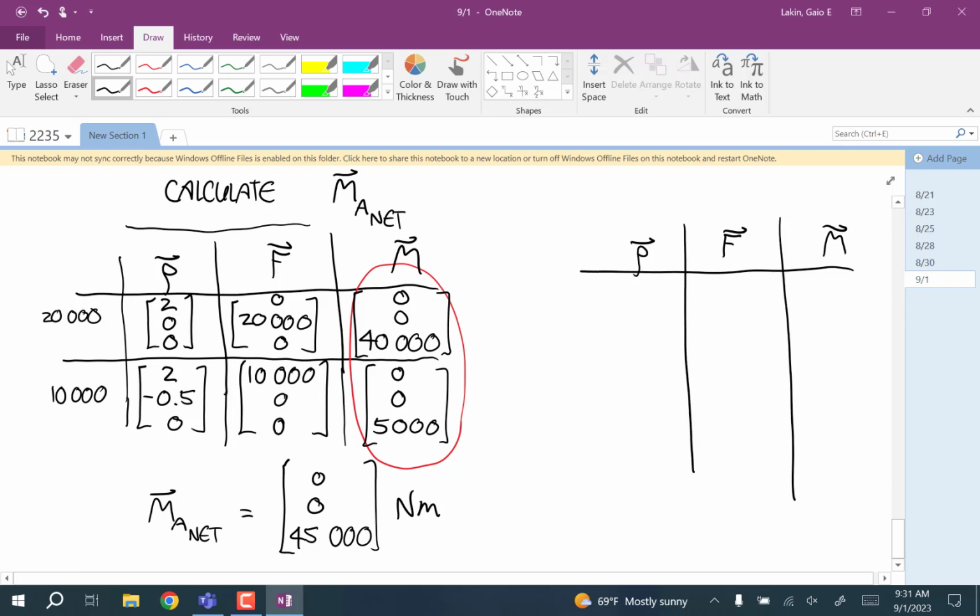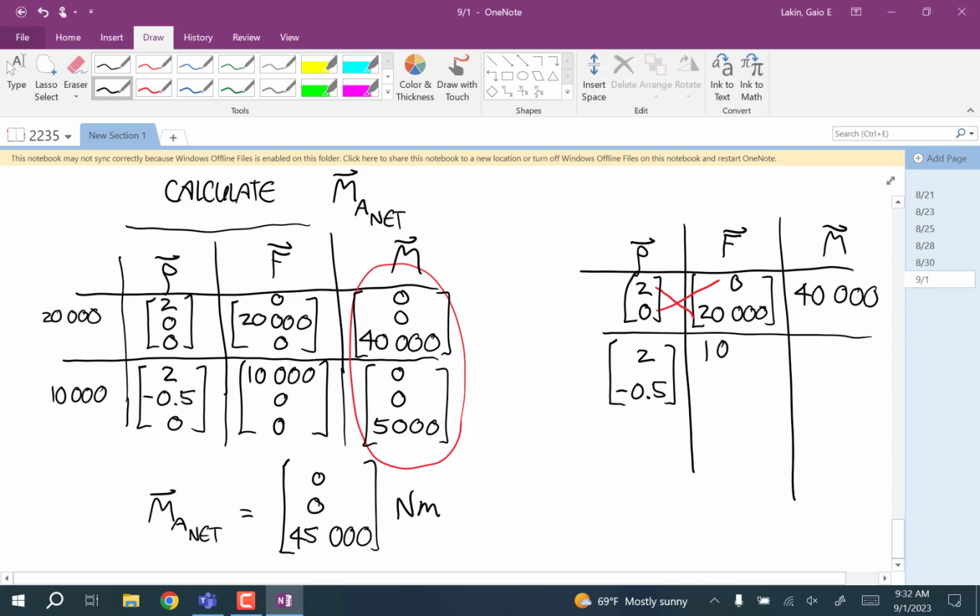So you could write this as just 2, 0. Write this as 0, 20,000. The cross product is this times this minus this times this. So you get 40,000 here. Then write this one as 2, negative 0.5.